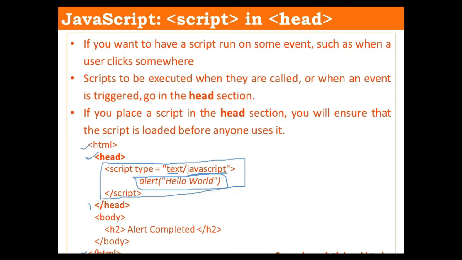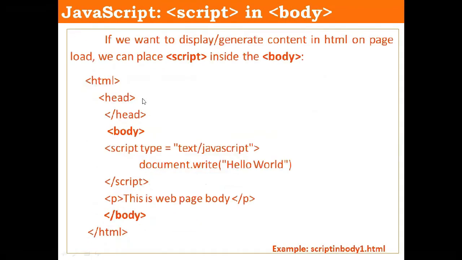Okay, next we have script in the body tag. Here you can see the difference from the head tag: we have closed the head tag, opened the body tag, and we are closing it here, and inside the body tag we have the script tag. Here also we have mentioned type equal to text and JavaScript.